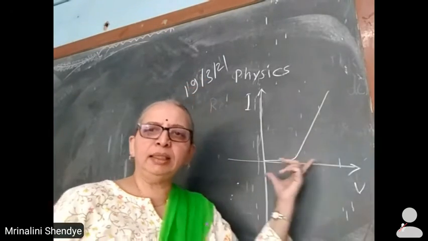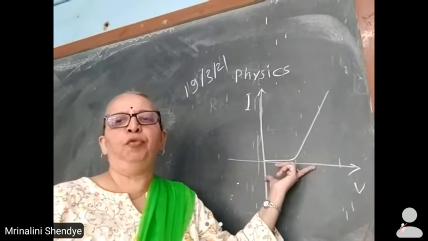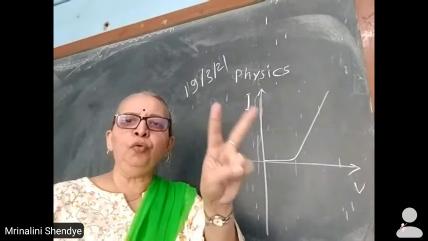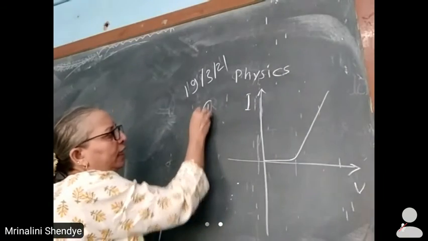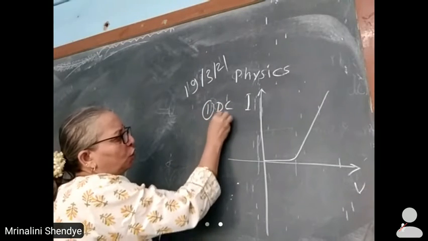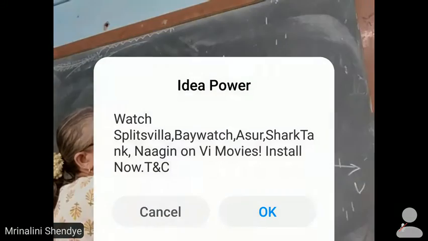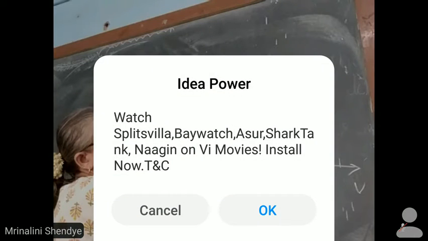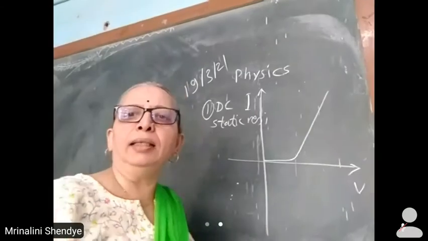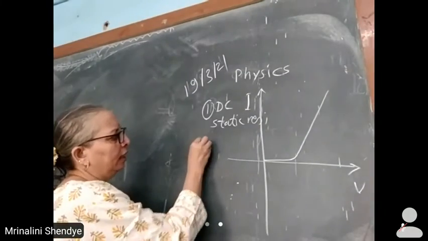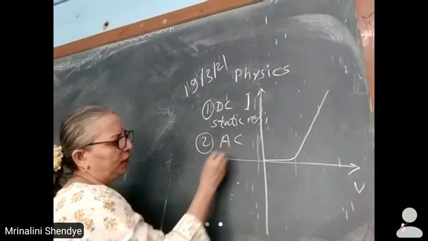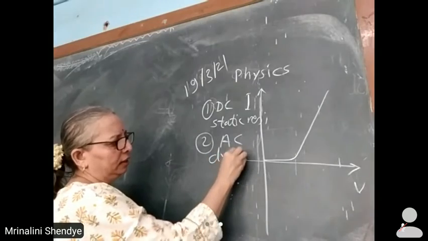The resistance of a PN junction in forward bias has two values. One is called DC resistance. It is called static resistance. And the other we can define is AC resistance, which is called dynamic resistance.